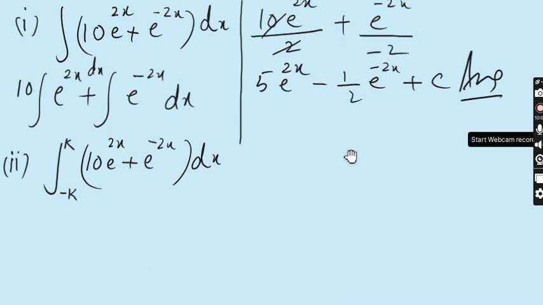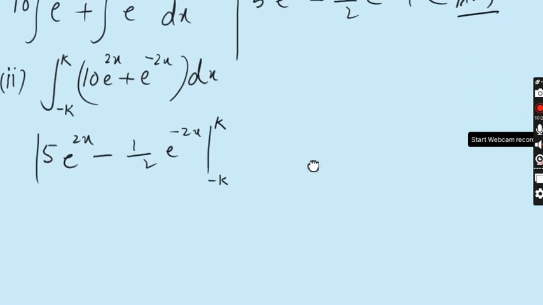Very easy. So we have already integrated this. The answer is 5e 2x minus 1 upon 2e minus 2x, and now apply the limit. Upper limit minus lower limit.